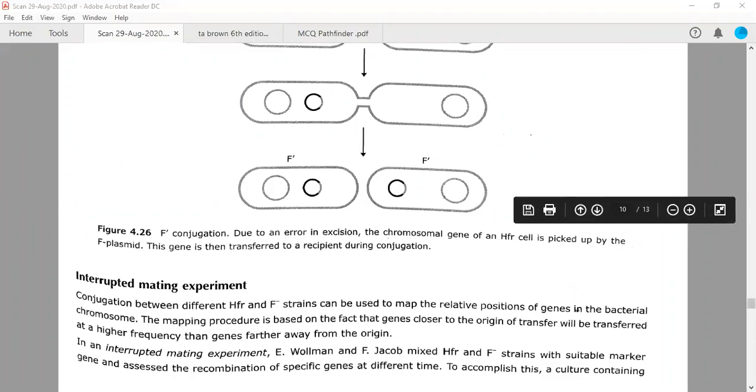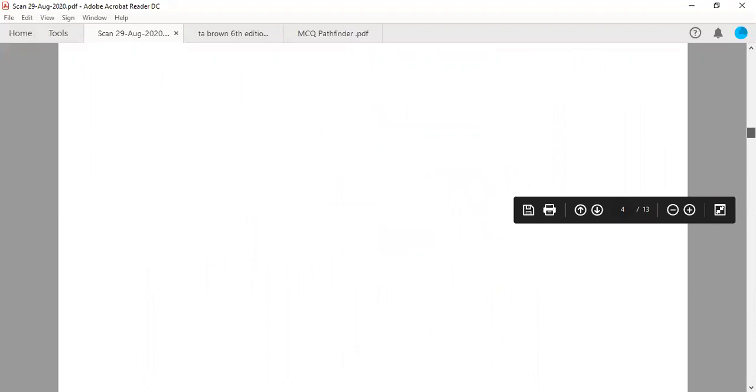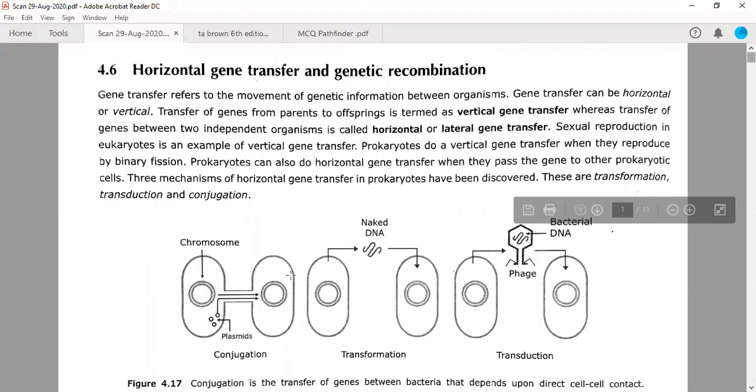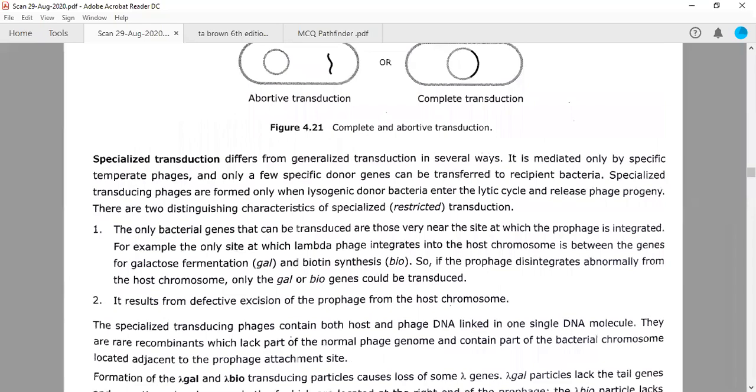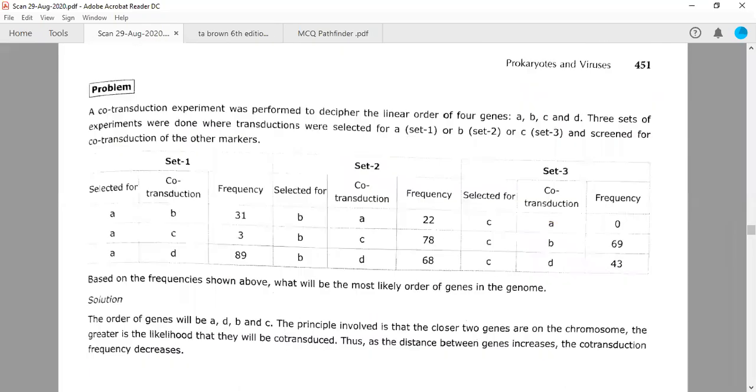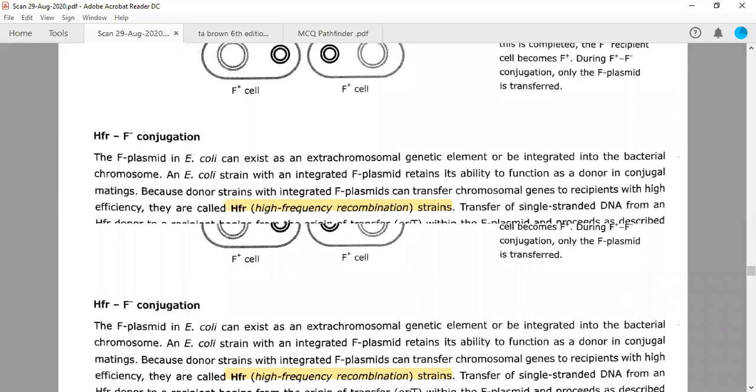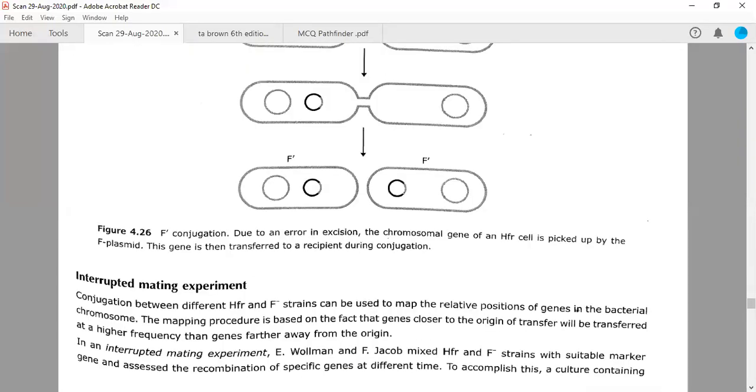So I showed you this already. We had three methods by which genes can be transferred between different cells of bacteria: conjugation, transformation, and transduction. We can map the genes by all three processes. But here in conjugation, we will map the genes and their positions on the bacterial chromosome if we do mating between Hfr and F negative cells, right?